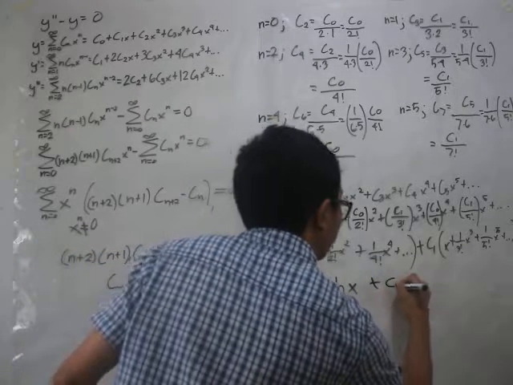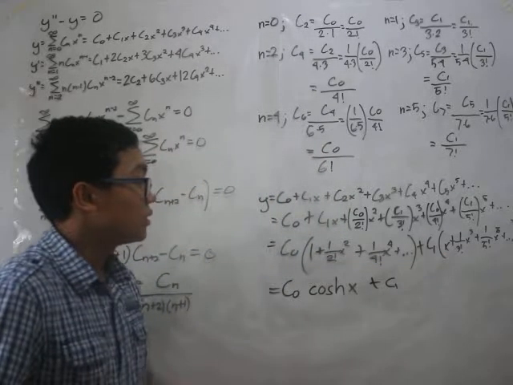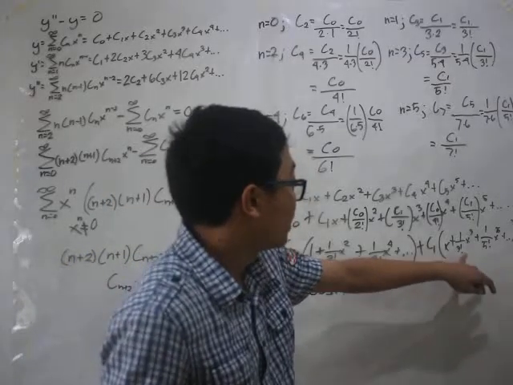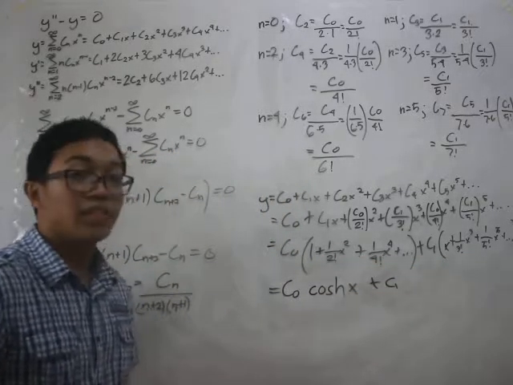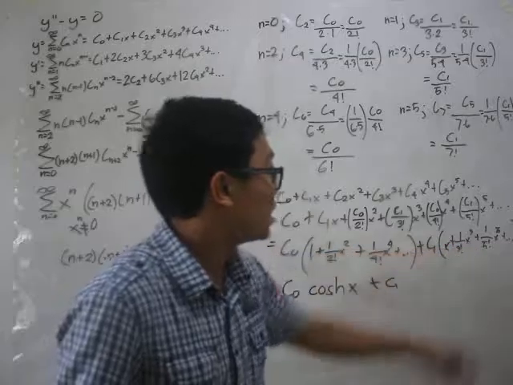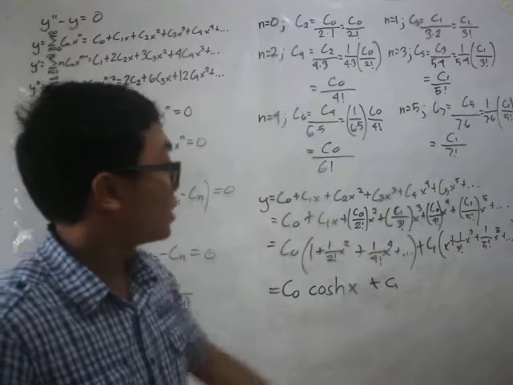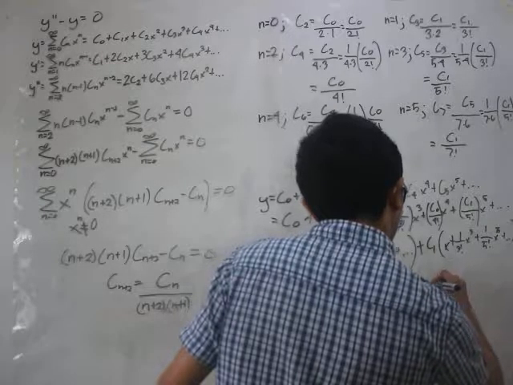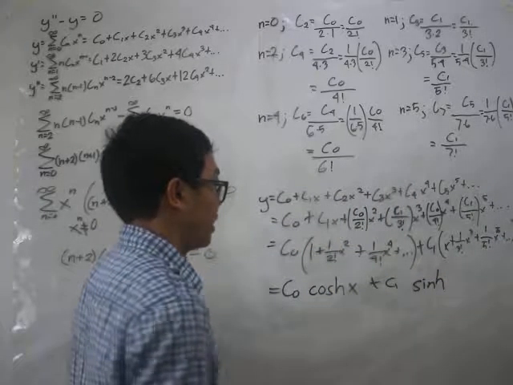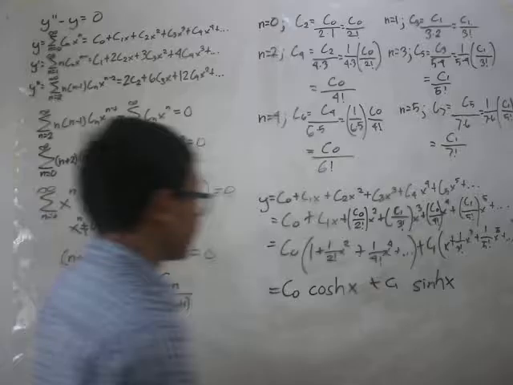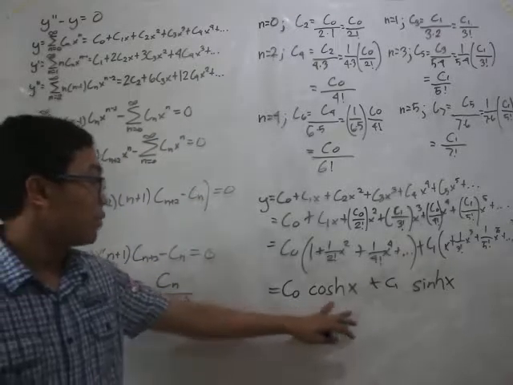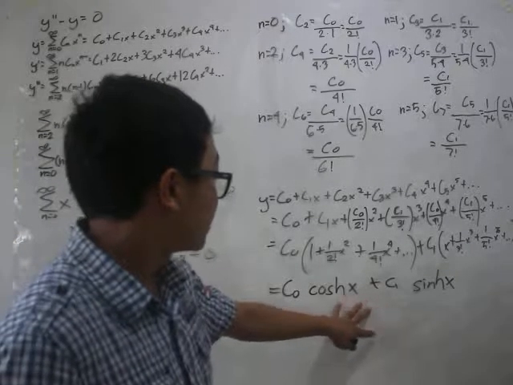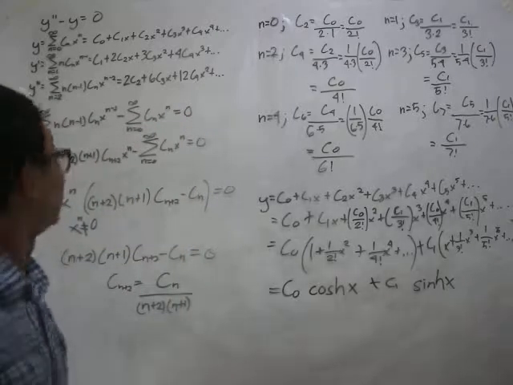And now our c1, which leaves us with x plus 1 over 3 factorial times x cubed plus 1 over 5 factorial times x to the fifth, and so on, is sinh x. And that is how we arrive at a transcendental function from a DE solution.